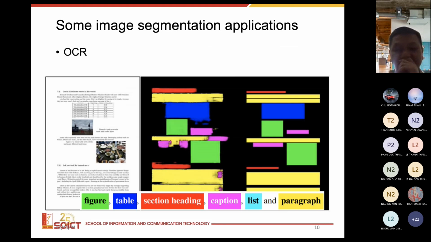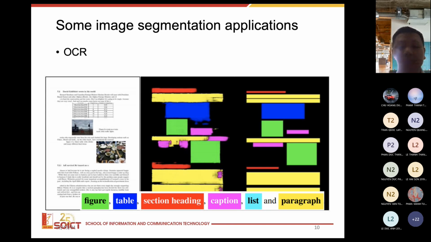Okay, and also a very typical and popular application in image processing is the OCR problem, optical character recognition. You need to convert a scanned image of a document into a digital version of that document, right? Recognize the characters and words in the document, right?